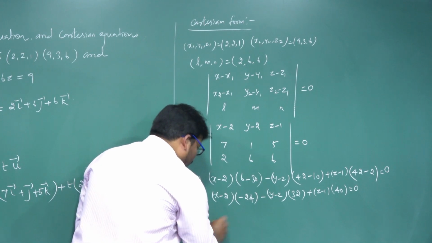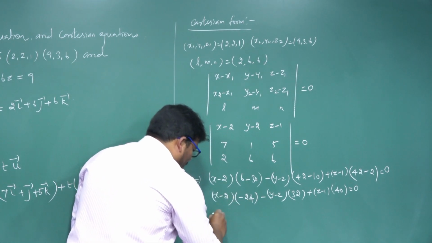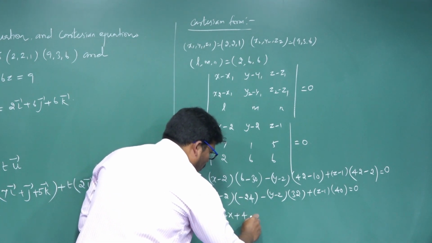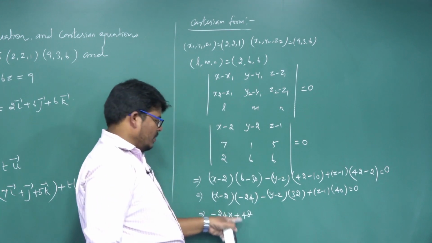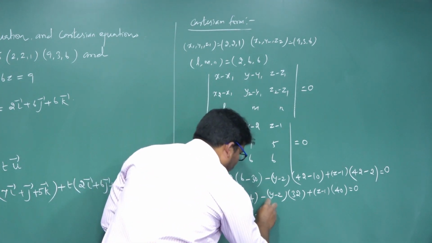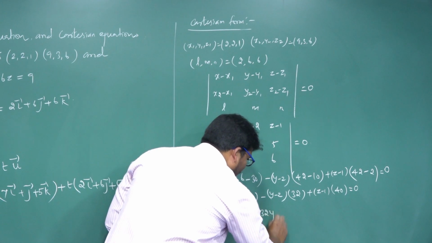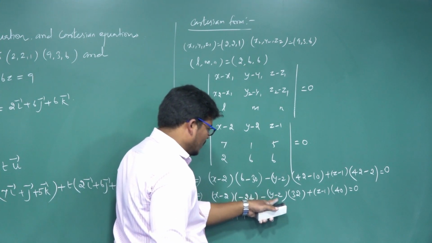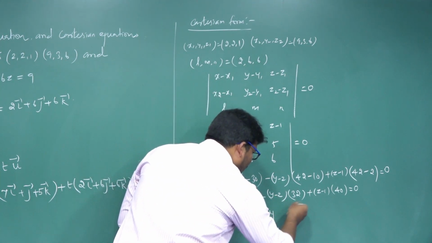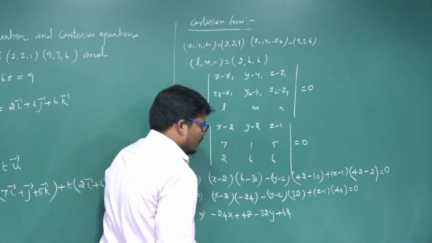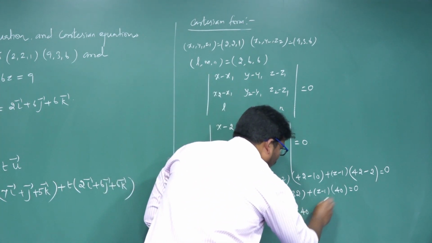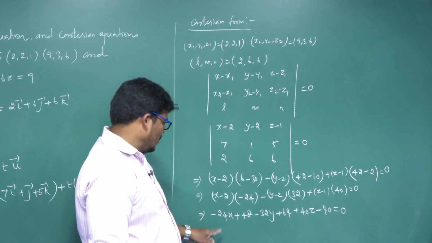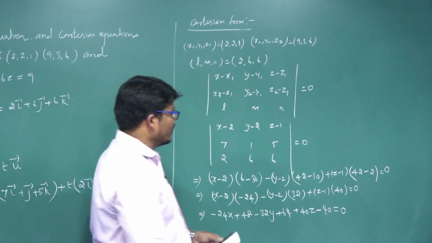Now multiply: -24x, minus into minus plus, 24 into 2 is 48; minus 32y, minus into minus plus, 32 into 2 is 64; plus 40z minus 40 equal to 0. Minus 24x, now write here x, y, z.